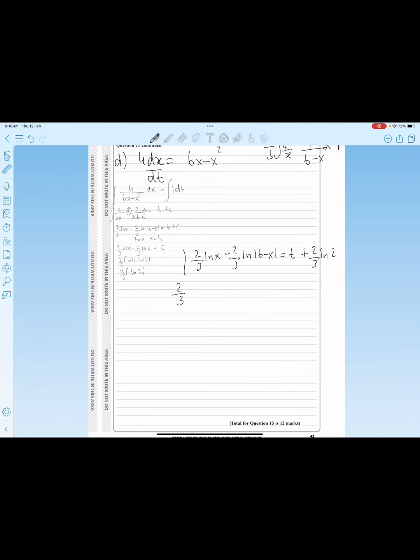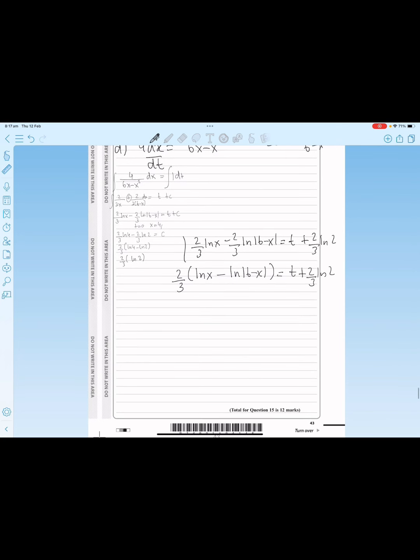So let's do that. If I take out a 2 over 3 common, I can say ln x minus ln 6 minus x is equal to t plus 2 over 3 ln 2. Therefore, I could say 2 over 3 ln, and then brackets, x over 6 minus x is equal to t plus 2 over 3 ln 2.